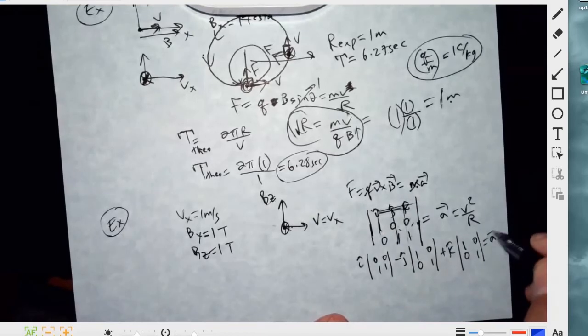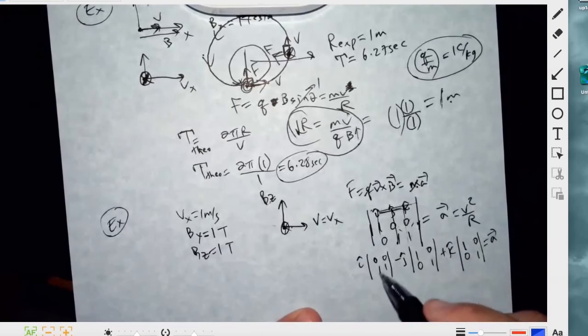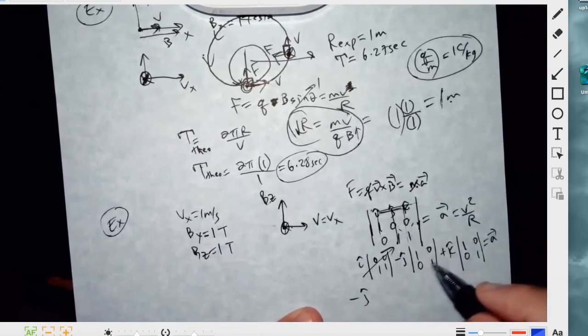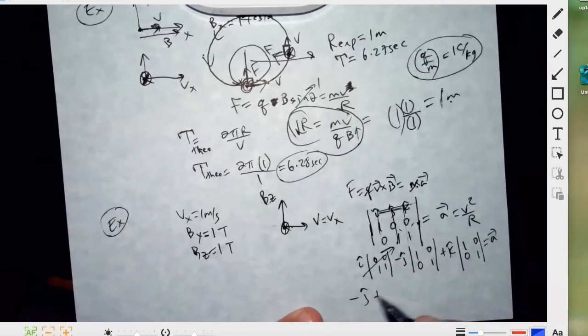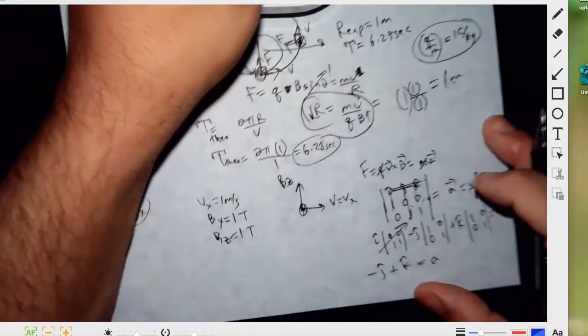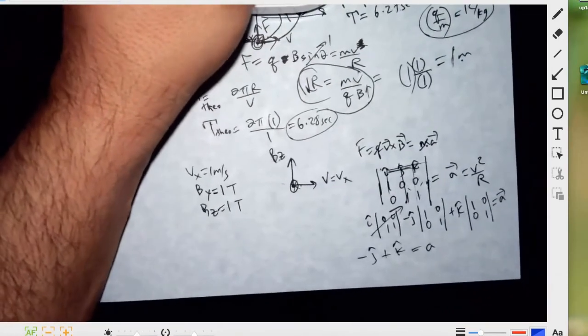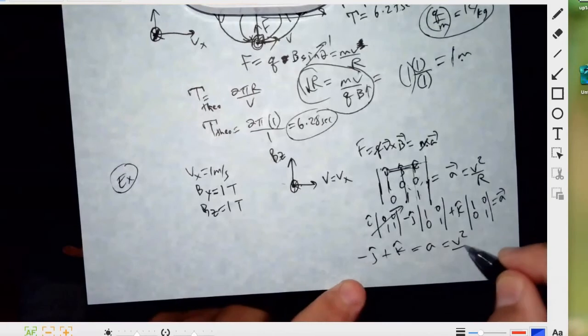That is equal to the A vector. So then you have here, this one disappears, minus j1 plus k1, and that's equal to a. So the acceleration is in the j and the k direction, right? And that's equal to v squared over r.